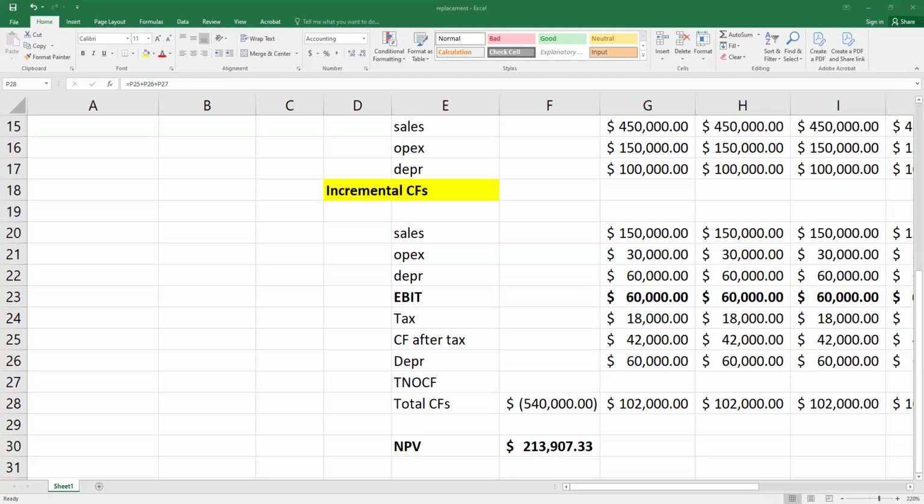Very fast, just the investment divided by the number of years. Life is 5 years.